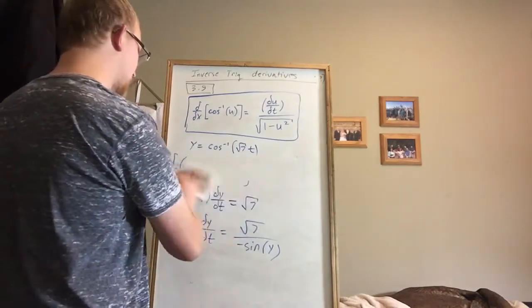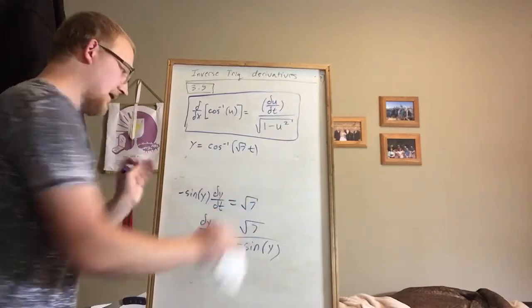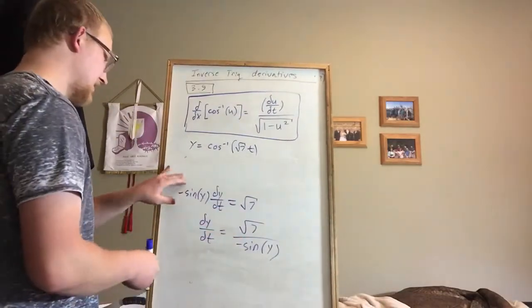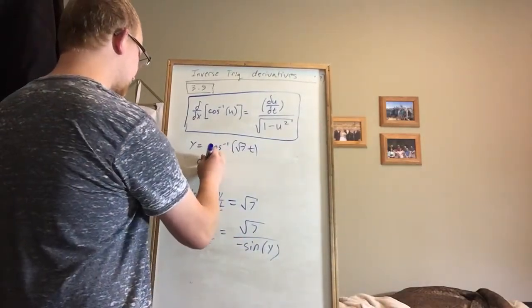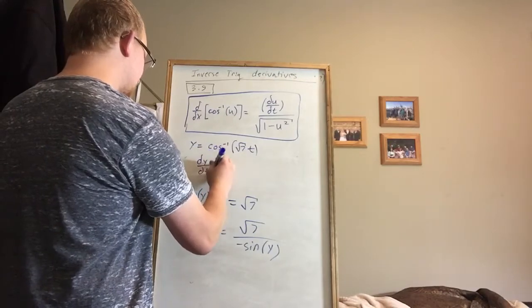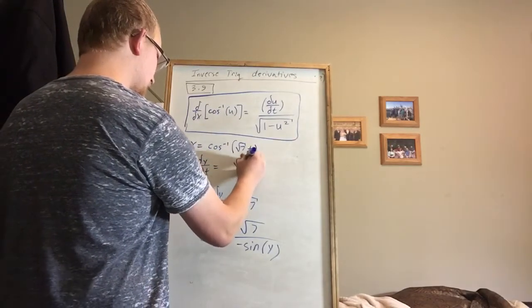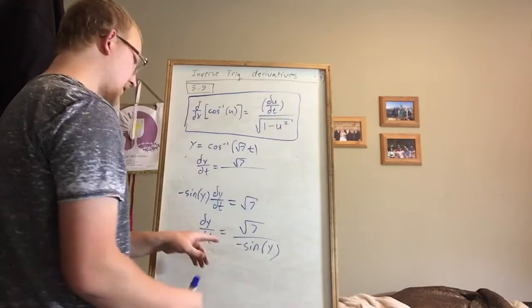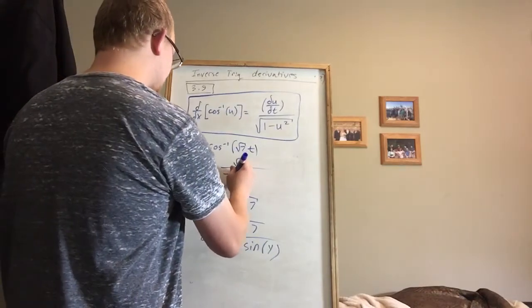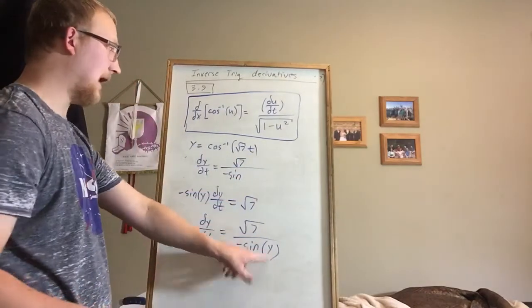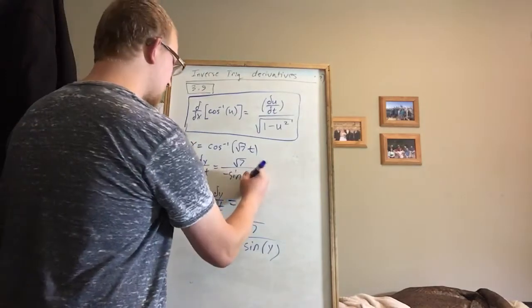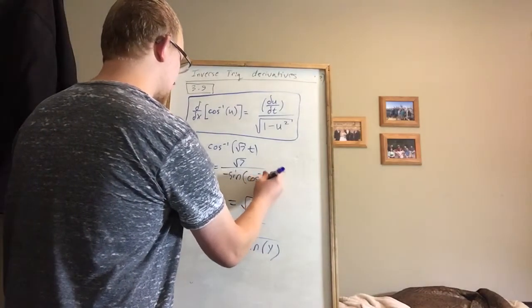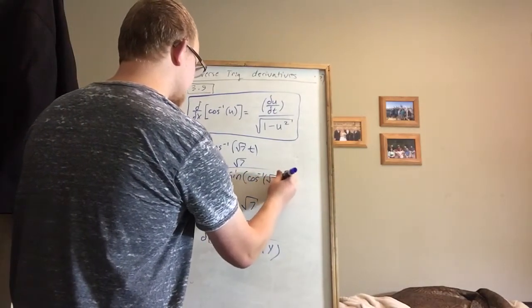So dy/dt equals root 7 over negative sine of y, where y equals arc cosine of root 7t.